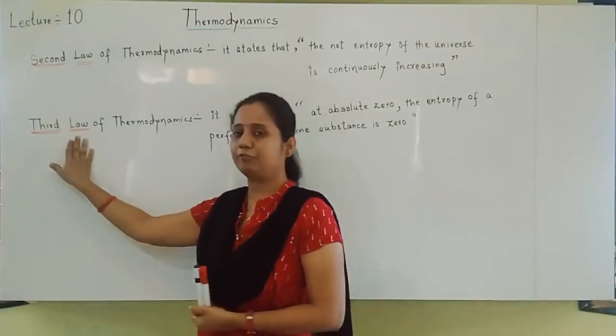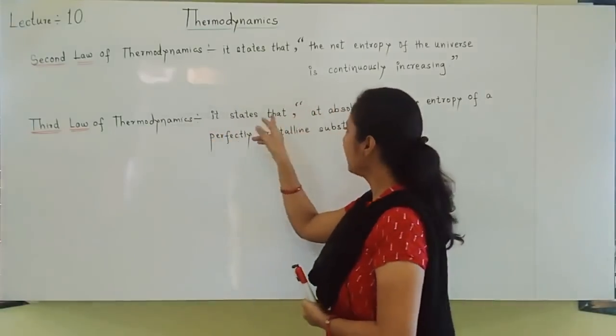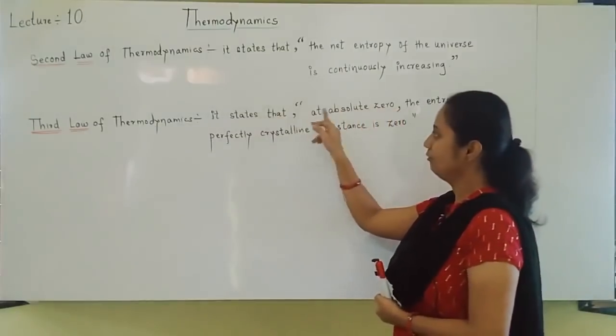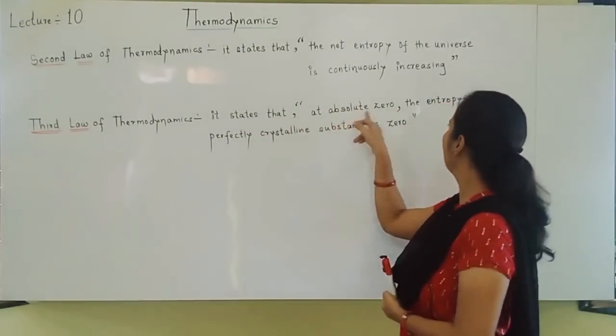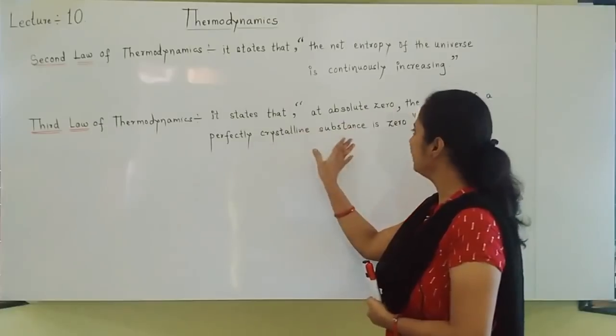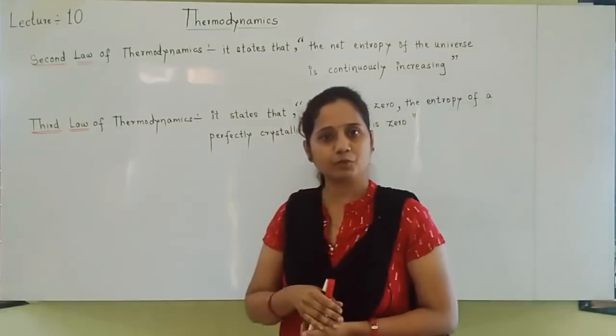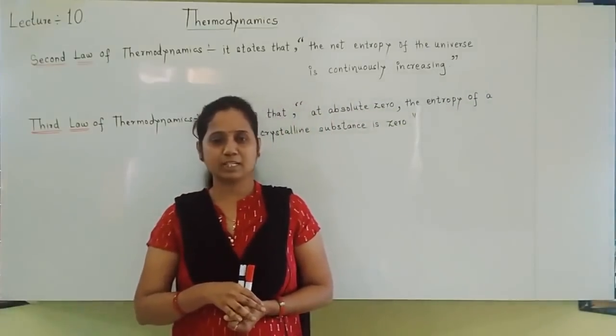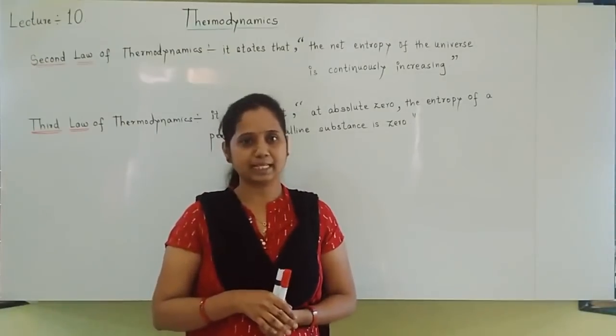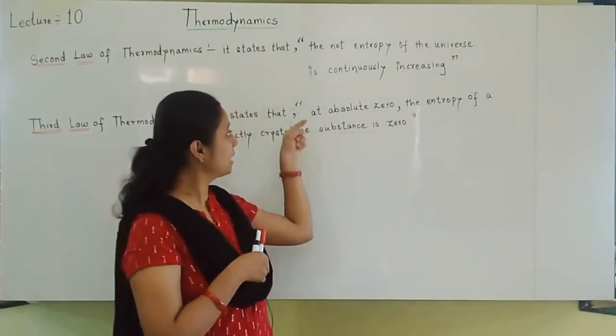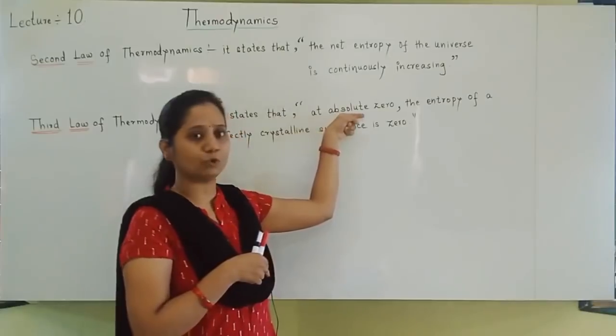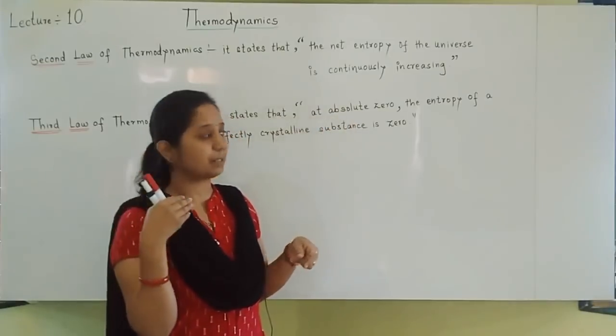And what is the third law of thermodynamics, students? At absolute zero temperature, the entropy of a perfectly crystalline substance is zero. Of course, when temperature is less, entropy decreases. Temperature has become absolute zero, very less temperature.